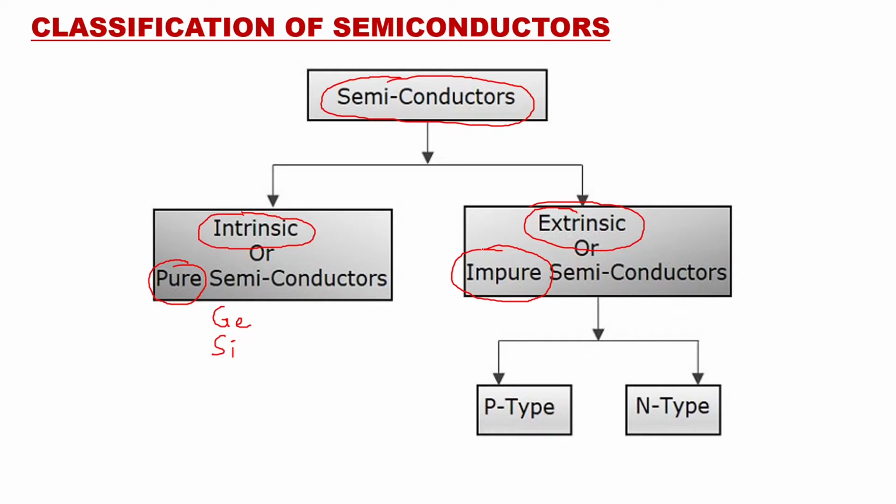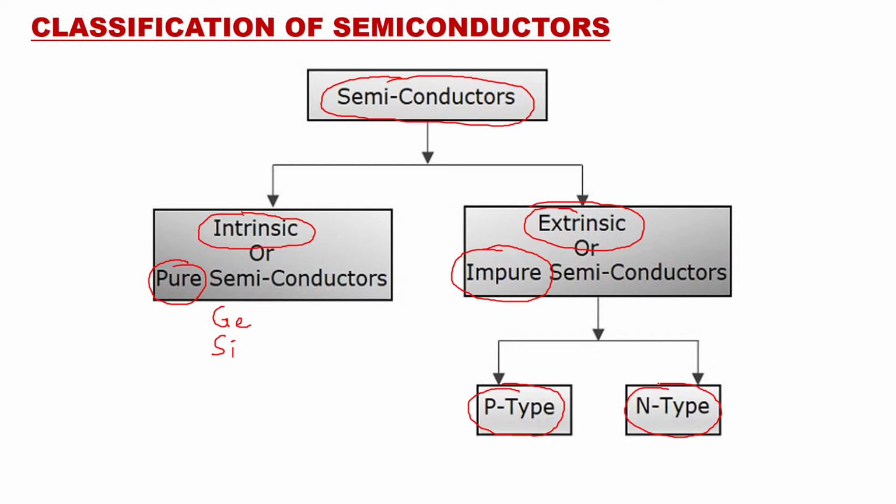Based on that, we can classify this extrinsic semiconductor as p-type semiconductor and n-type semiconductor. This p and n allow you to make various electronic semiconductor devices. Various electronic devices are made by taking these p and n type semiconductors. That is why this basic study is important.